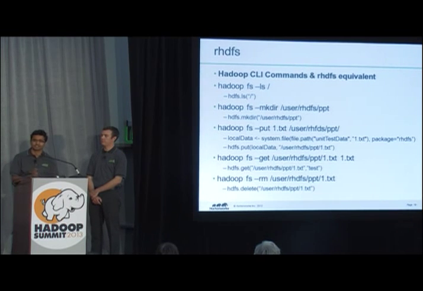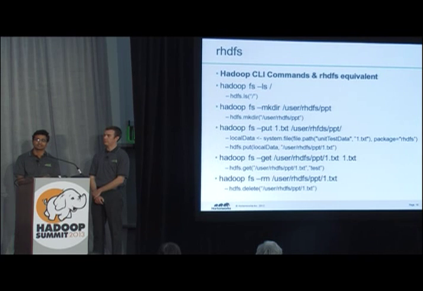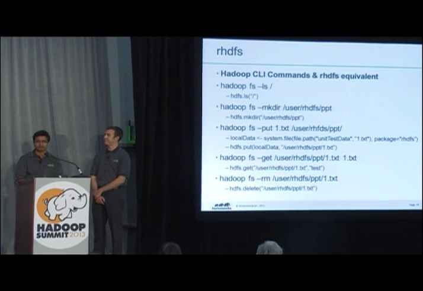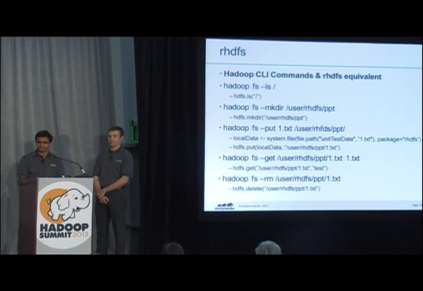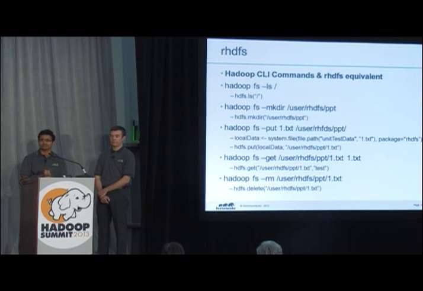So here what we are doing is loading it into a data frame called local data and then putting that data frame into Hadoop. Similarly, there's a get, and the ls itself returns all the data as a data frame, so all the permissions that you get are all in a data frame in R. Same thing with rm, there's a delete with the file name.